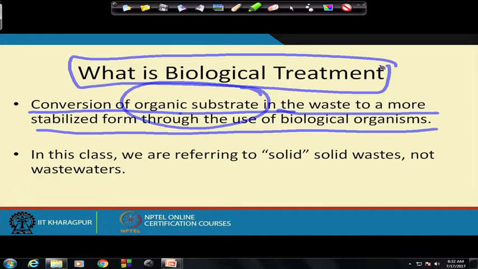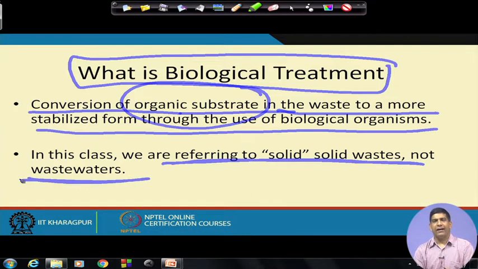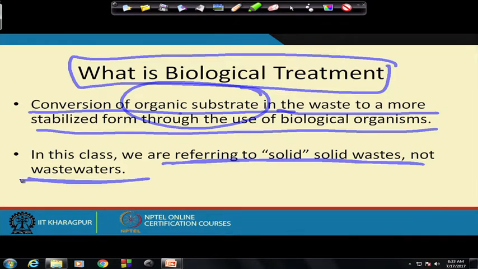Now, in this particular course, we are referring to solid waste, because if you remember, earlier we talked about how solid waste could be liquid as well, but here we are essentially talking about solid waste. We are not talking about wastewater. If you have taken a wastewater course, the concept of biological treatment of wastewater and of solid waste is essentially the same.